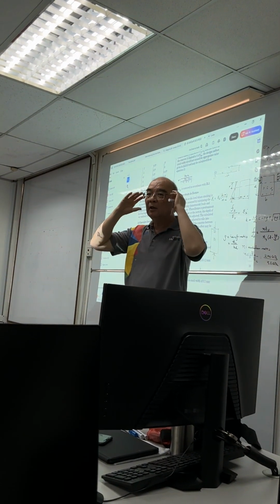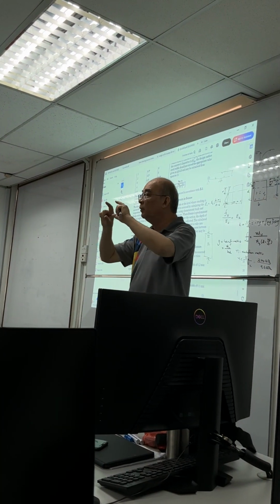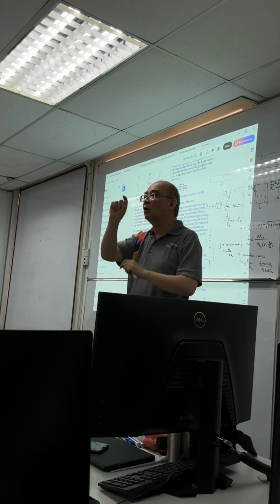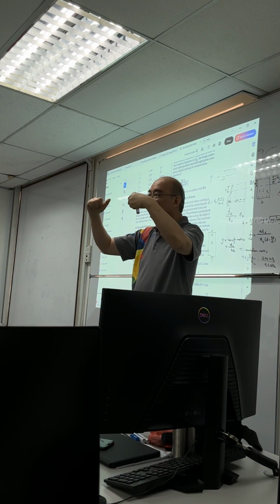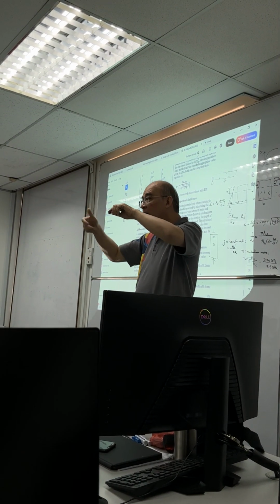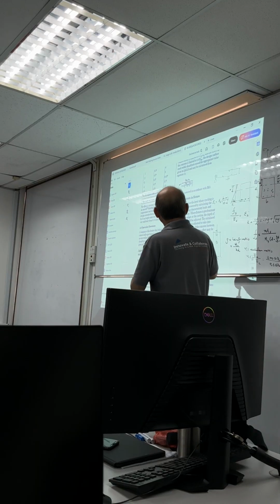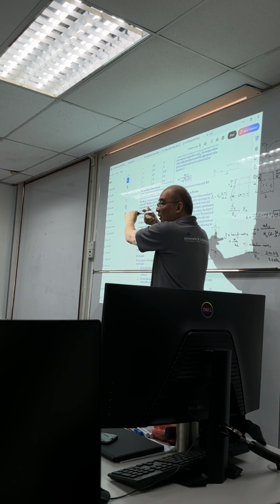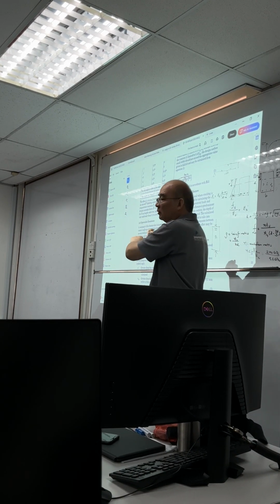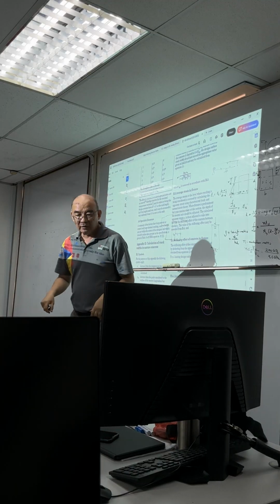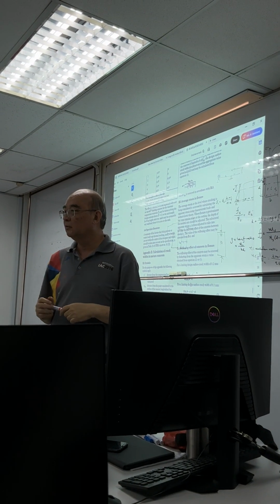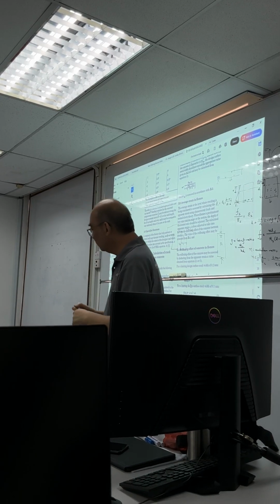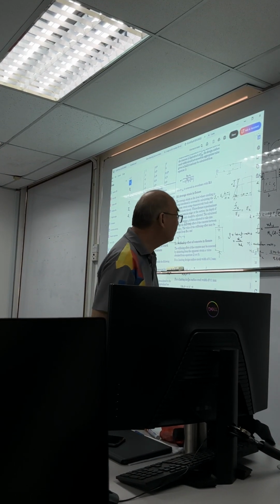In a simply supported beam, of course the top is always under compression because our moment is like this. But for a cantilever beam, the top is in tension. That is why if you have a cantilever beam, you break from the top first.